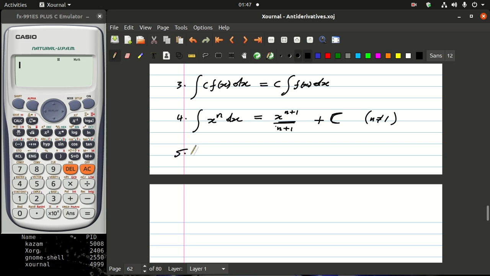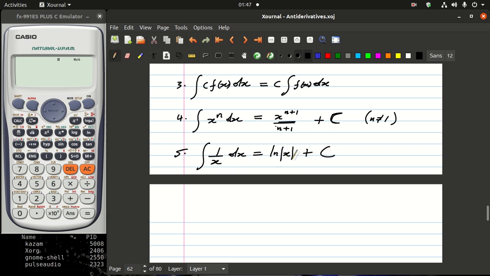And then the fifth one is, if I take 1 over x and I want to find the most general antiderivative of that, it is supposed to be ln of the absolute value of x plus c.